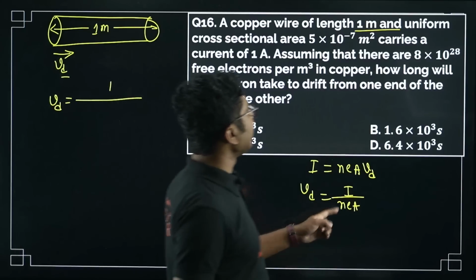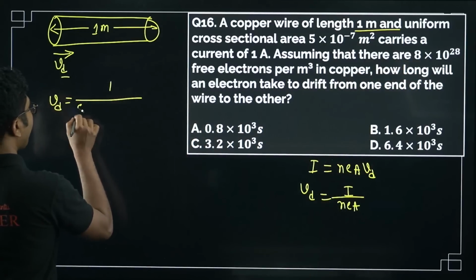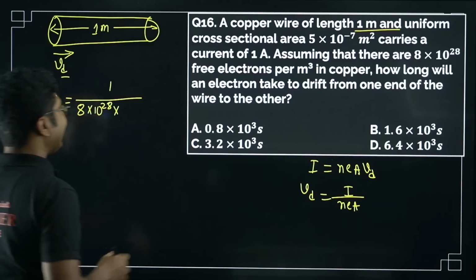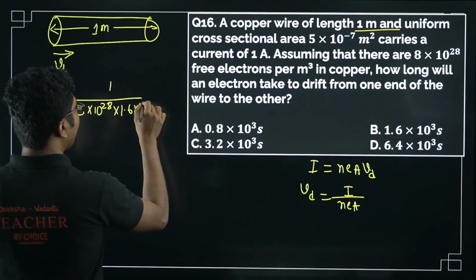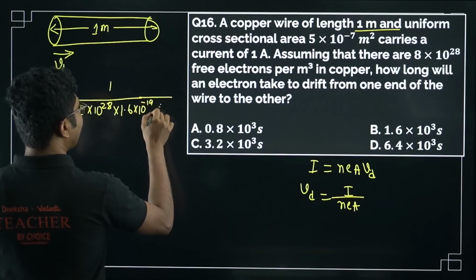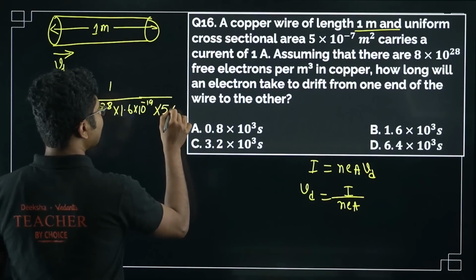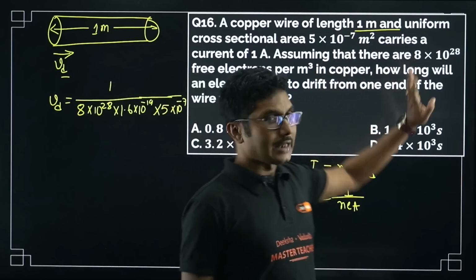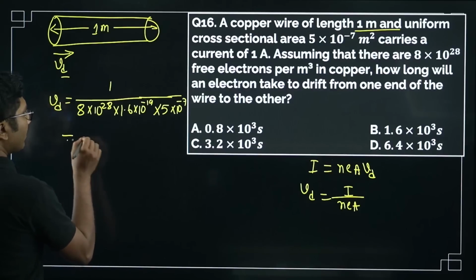N is given, 8 into 10 to the power of 28. E value you know, 1.6 into 10 to the power of minus 19, and area is given 5 into 10 to the power of minus 7. All the values are given in SI units, so no need to convert units. So now you have to solve it.